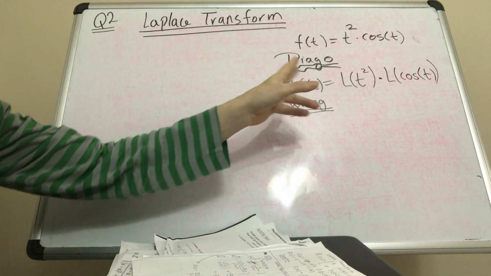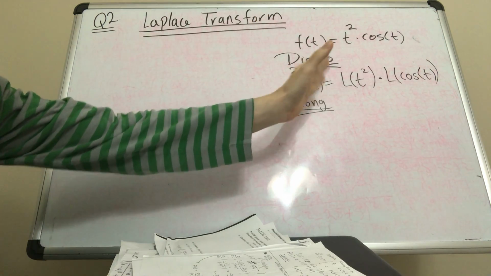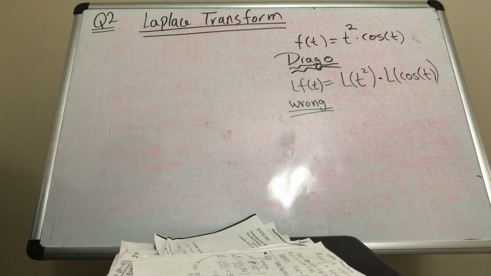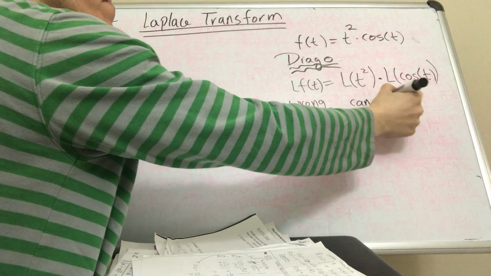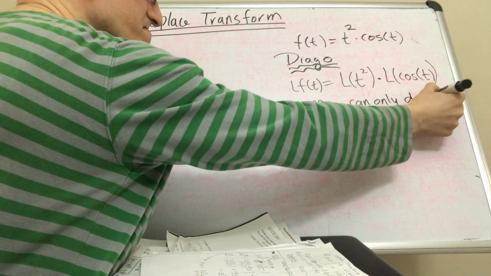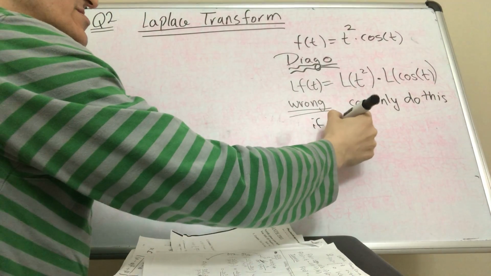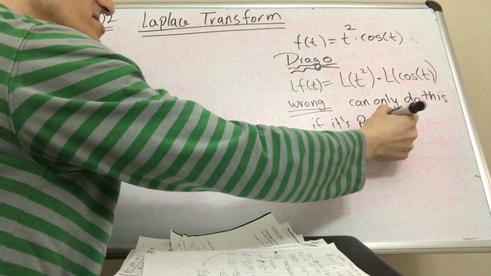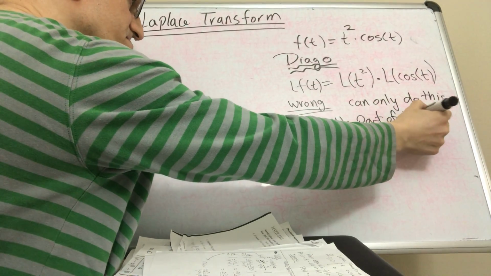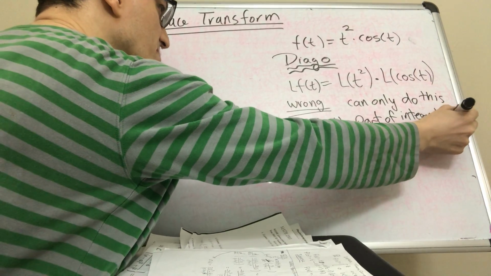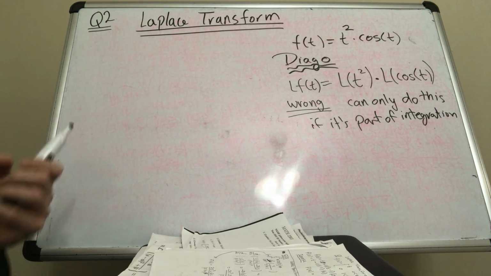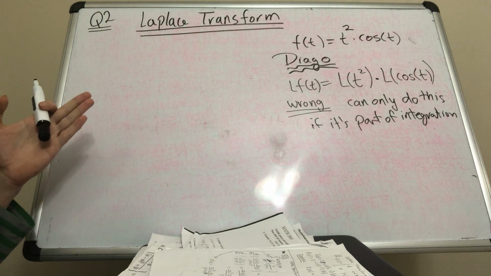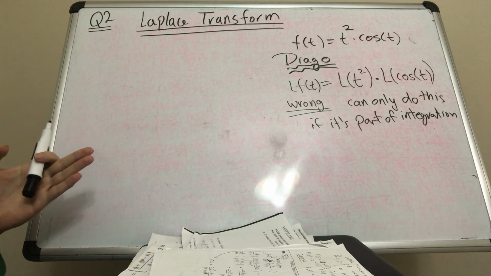When you have two functions multiplied, you can't take the transformation of the first one times the transformation of the second one. You can only do it if it's part of integration. Only if it's part of integration you can do it. But you can't do it in a normal question.